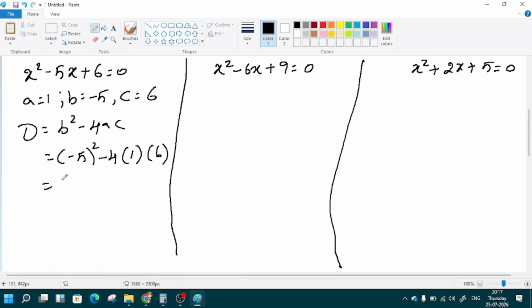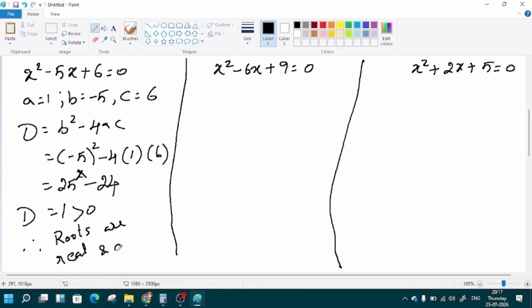So it becomes 25 minus 4 ones are 4, 4 into 6 is 24. I'm sorry, here it's not square. So the answer is 1. So D is greater than 0. Therefore roots are real and distinct.